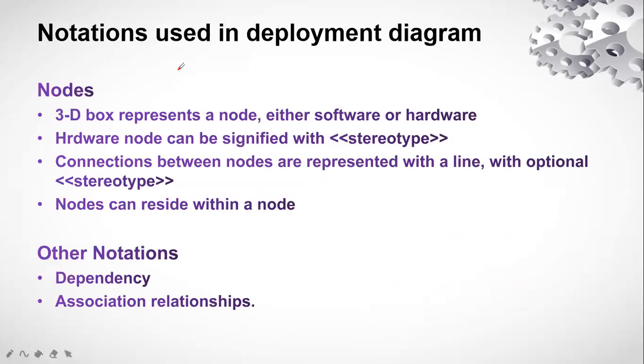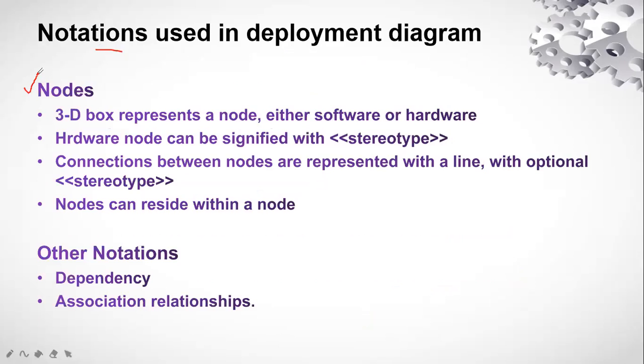Now, whenever we draw any type of diagram, we should always understand what notations we are going to use, because notations are the concept with the help of which we draw the diagram. For the deployment diagram, the notations are not too many. It is simple.